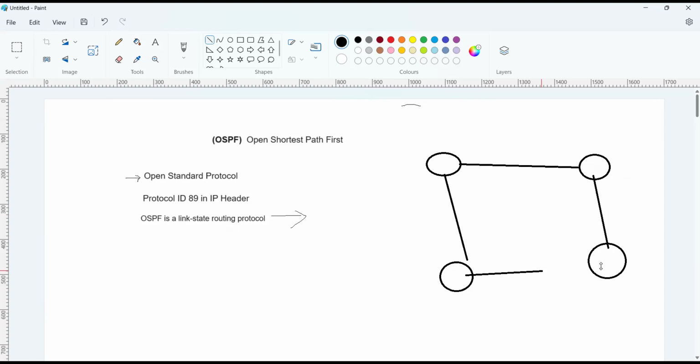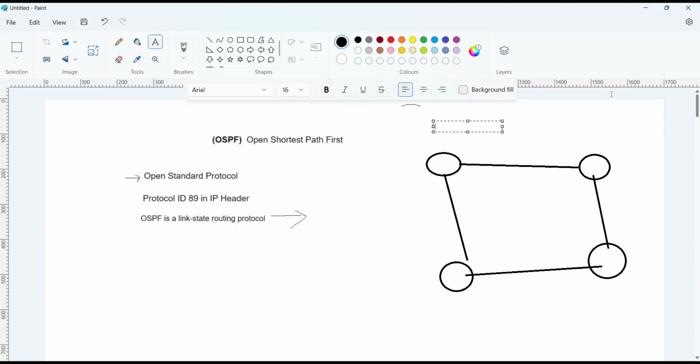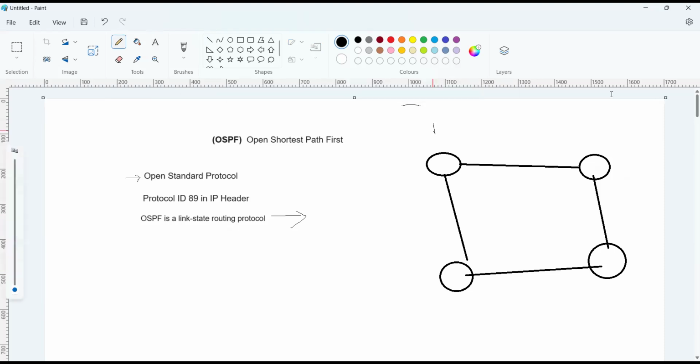Now coming to distance vector routing protocol, R1 has its routing table, R2 has its own routing table, R3 also has its own, and R4 also has a routing table. How do we check the routing table? Show IP route. It is the global routing table. With show IP route we check the routing information.